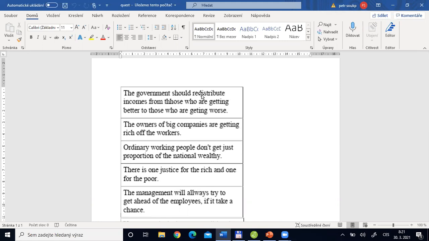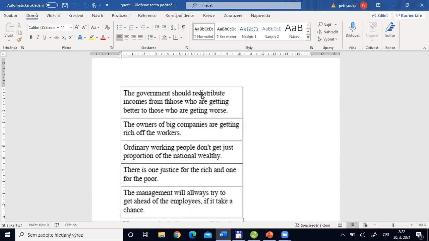So the first statement is the following. The government should redistribute incomes from those who are getting better to those who are getting worse. The owners of big companies are getting rich off the workers. And the second statement: ordinary working people do get just a proportion of the national wealth. There is one justice for the rich and one for the poor.